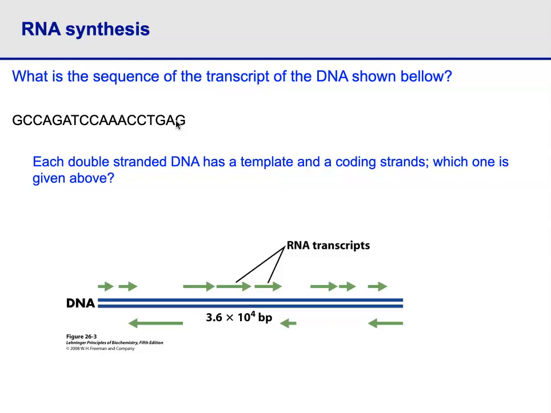Which automatically tells you that the antisense strand that is not shown here is the template strand. And the antisense strand, the 5' of the antisense strand will be here, and the 3' will be on the left.